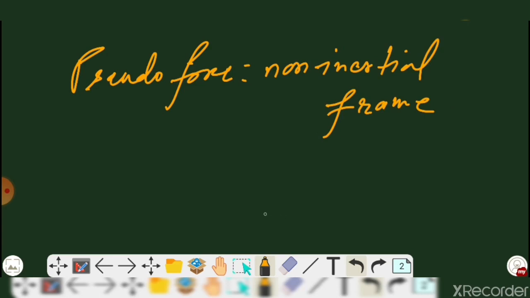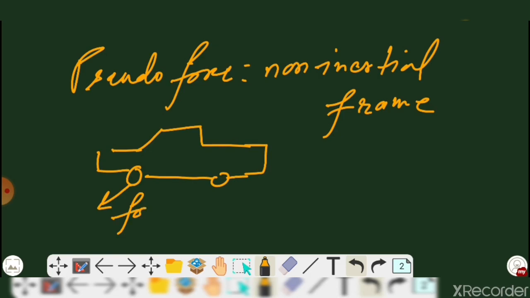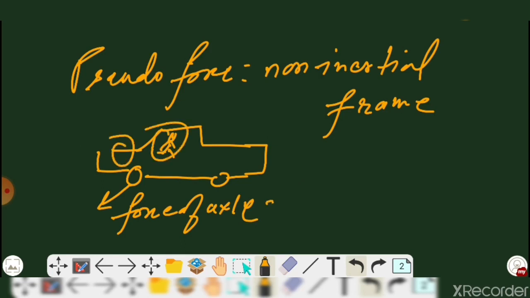Suppose it is a car, and the force of this axle. A person is sitting over here, so the mass of this person will also be considered, and the mass of the car will be considered. What will you say? That it is (M plus m) multiplied by a.